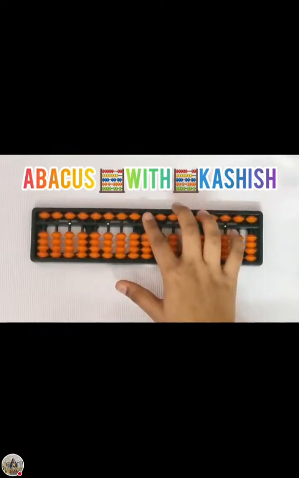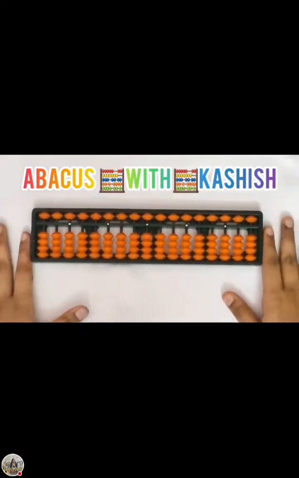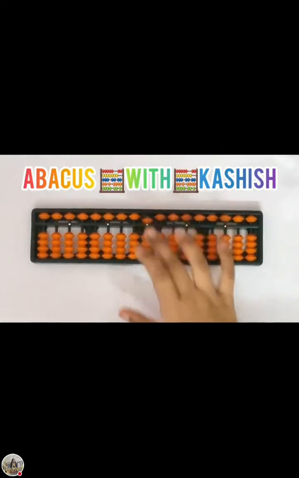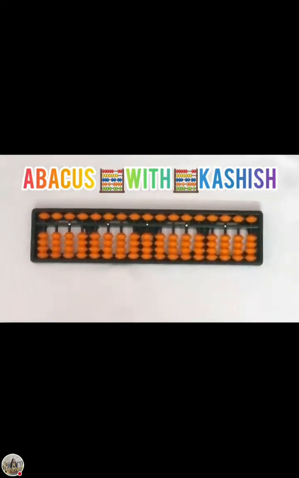Let's learn it from the beginning. As I have told you, one lower bead signifies the value of 1 and one upper bead signifies the value of 5. Now we'll learn how to do counting from 1 to any number.